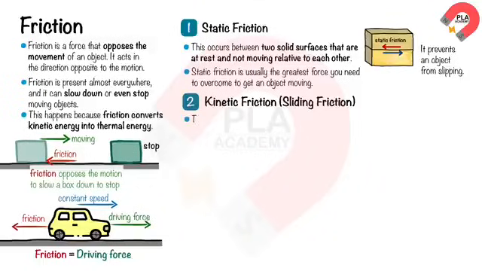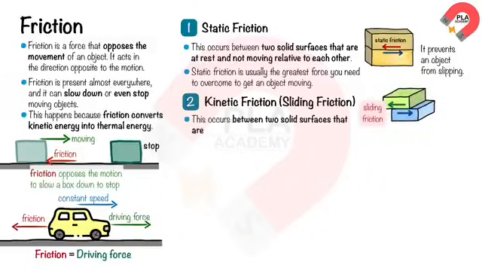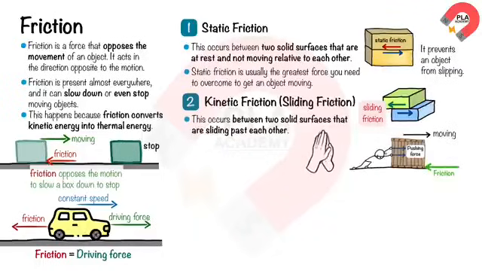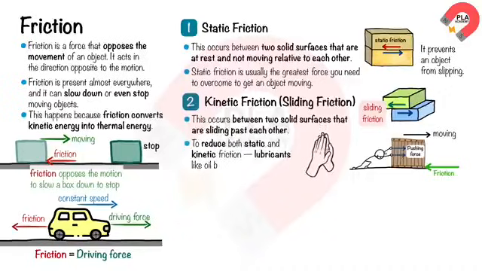This occurs between two solid surfaces that are sliding past each other. It is the force you feel when you rub your hands together or slide a box across the floor. Kinetic friction is usually slightly less than static friction. You can reduce both static and kinetic friction by using lubricants like oil or grease between the surfaces.